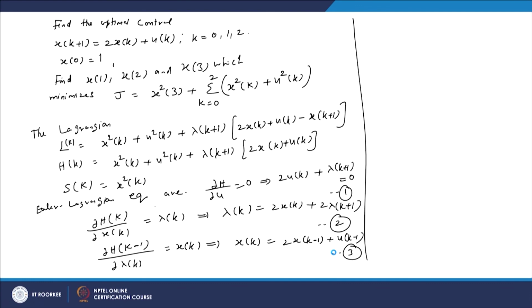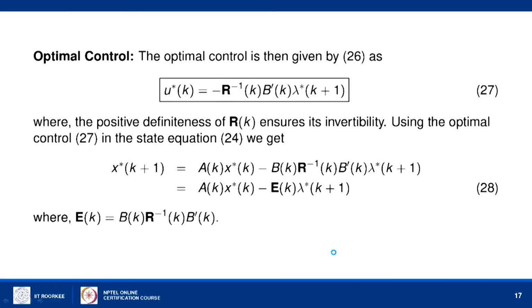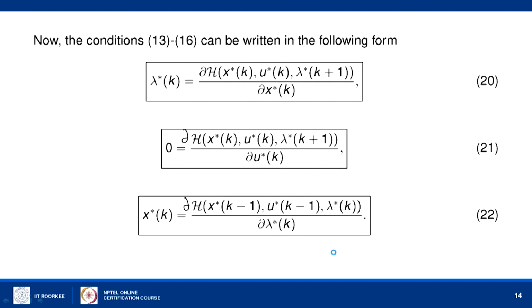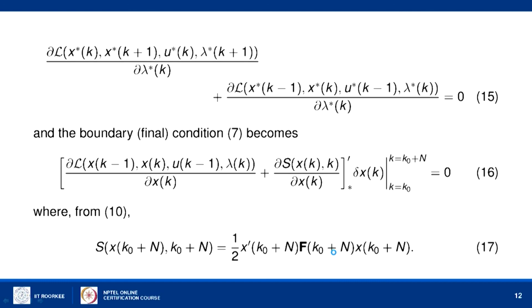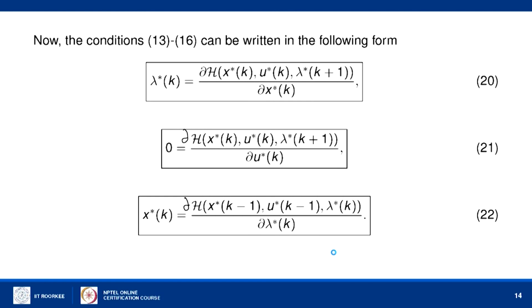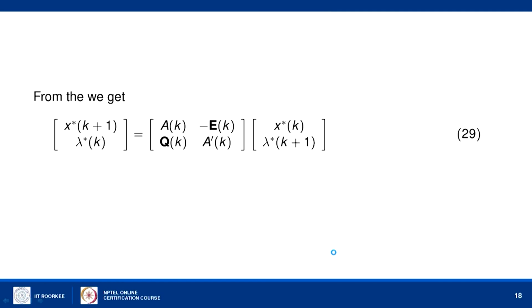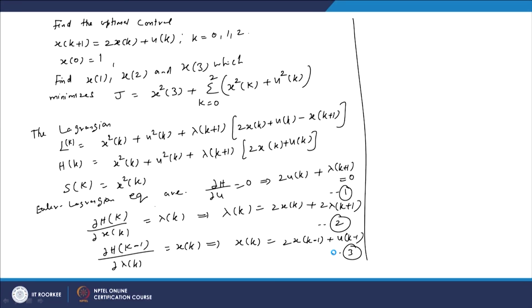So, these are the equations which we wrote just now, and the boundary condition we can have from this expression: del L at k minus 1 by del x k plus del S by del x k. So, in the L function we replace it with k minus 1.